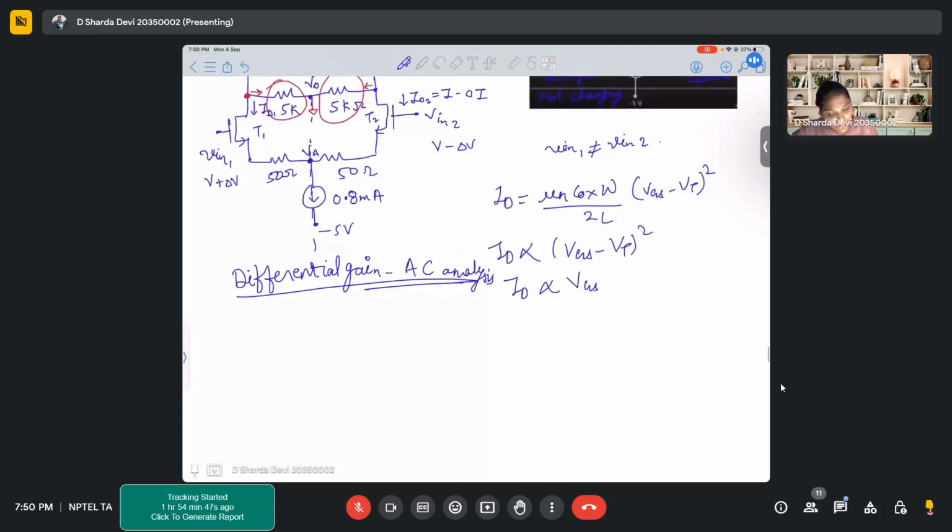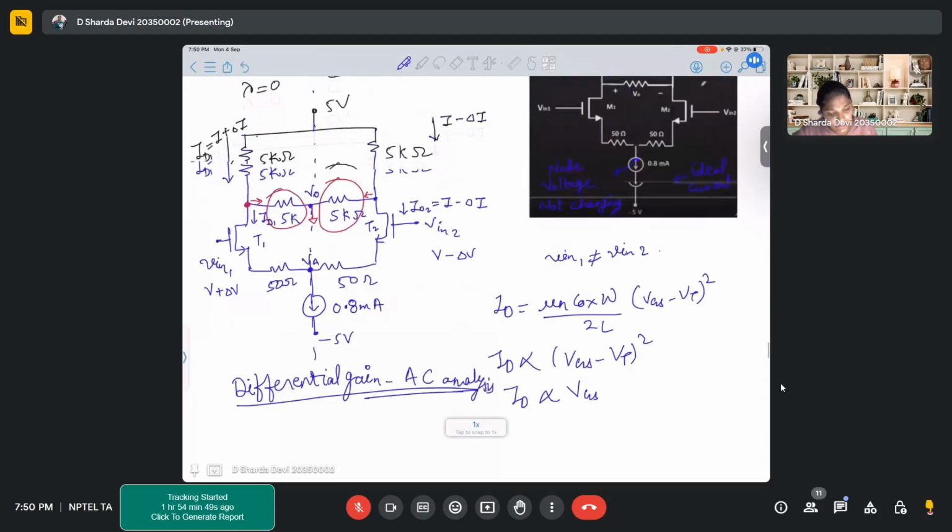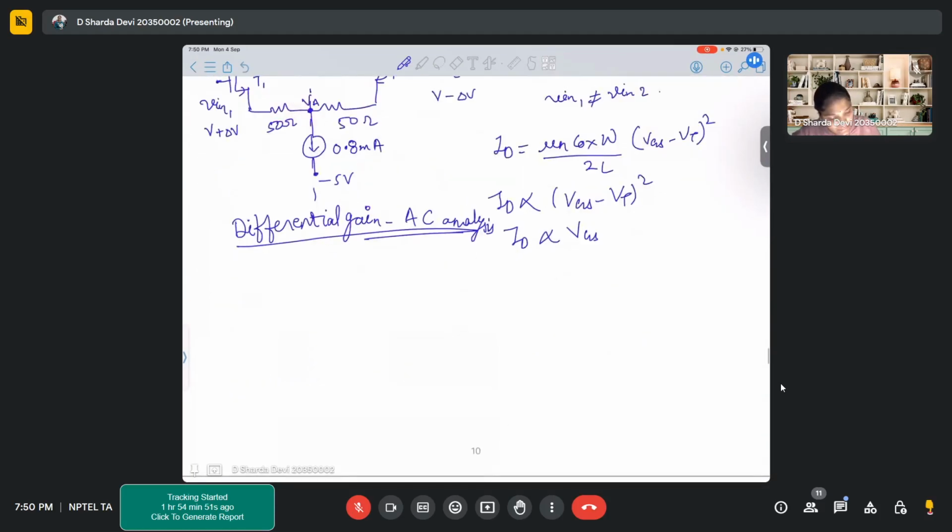Now if I draw the half circuit for this particular circuit, how will my half circuit look? It is 5 kilo ohms. The VDD node will be grounded. There is another 5 kilo ohm and there is this V0. We came to the conclusion that that node will also be grounded.